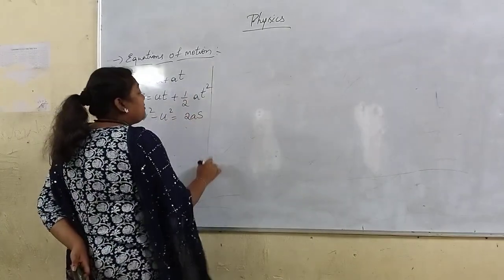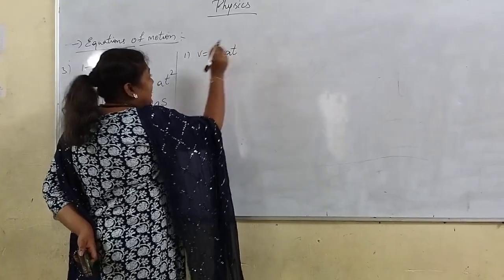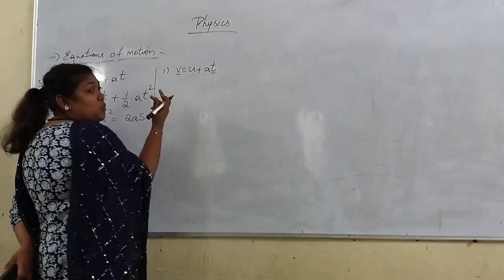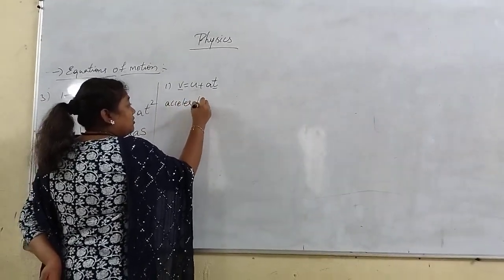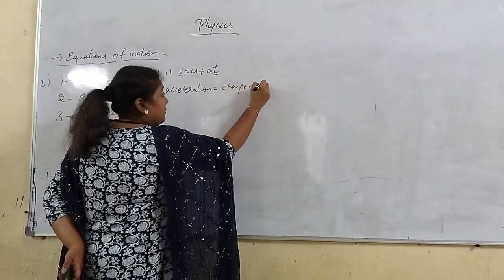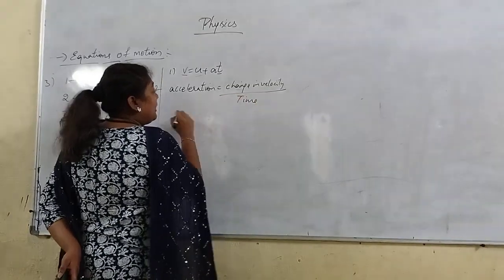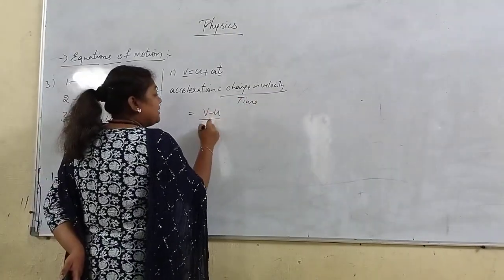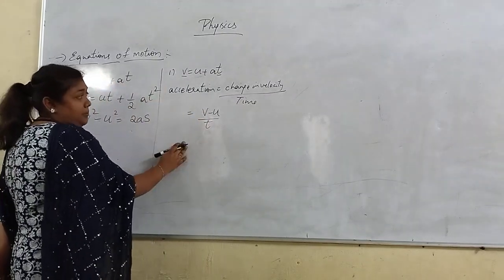So we are going to derive the first equation, v equals u plus at, and it gives the relation between velocity and time. Let's see how this equation is derived. We know that acceleration equals change in velocity by time, and change in velocity means v minus u by t, that is final velocity minus initial velocity by time.